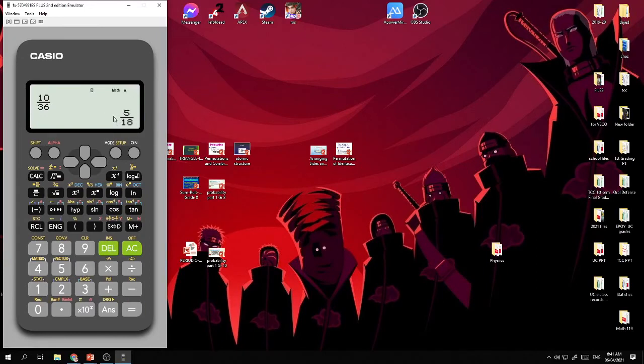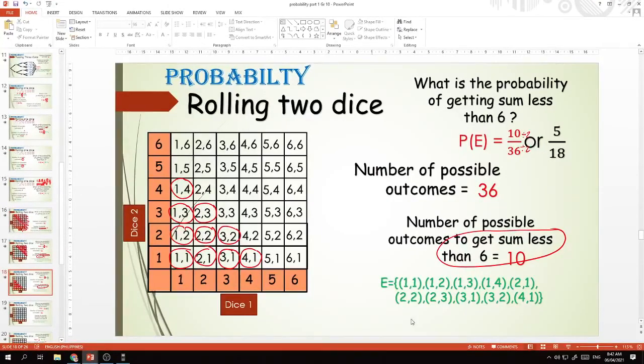So making use of your calculator, it will give you the reduced form right away. Now, if you want to make it decimal, press this one. Oh, it's the decimal form. If you want to go back to the fractional form, press it again. So the calculator is a very useful tool in solving our math problems. Okay? Now, let's continue.